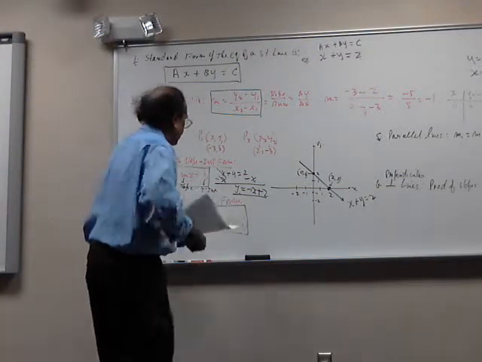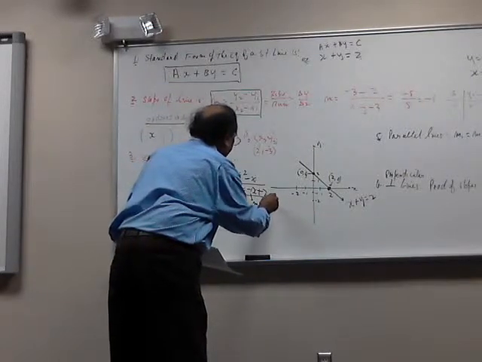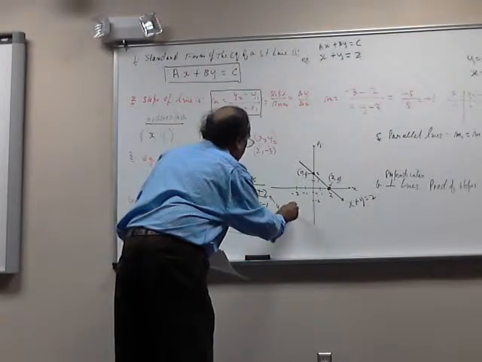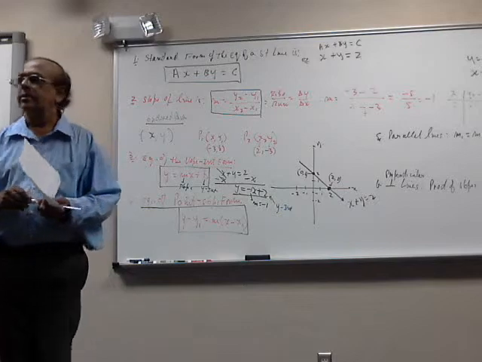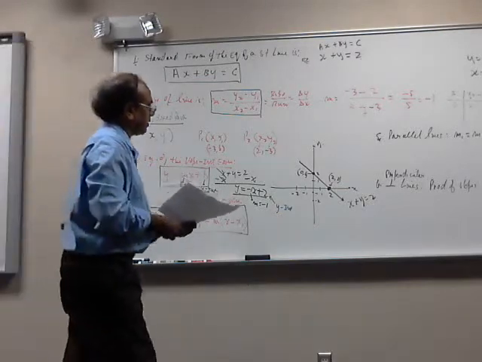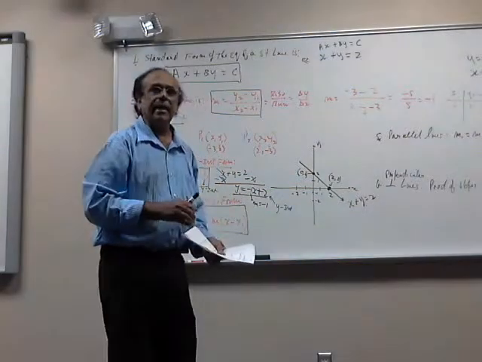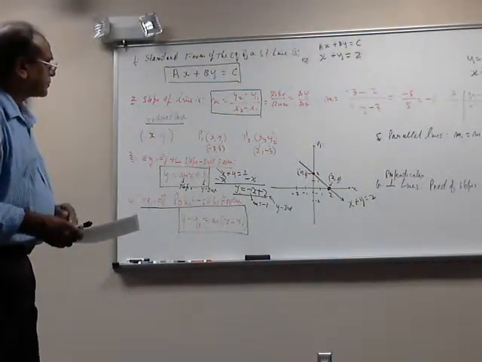Our slope, m, is equal to minus 1, and this 2 here is our y-intercept. That is where it crosses the y-axis, which is y equals 2. And this slope here is negative 1.